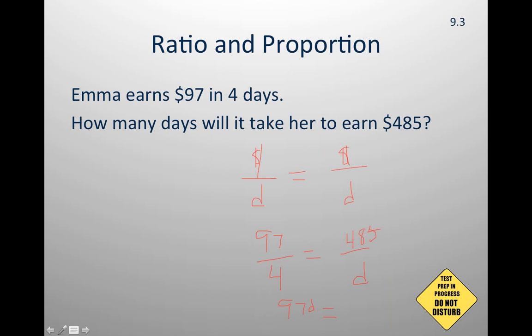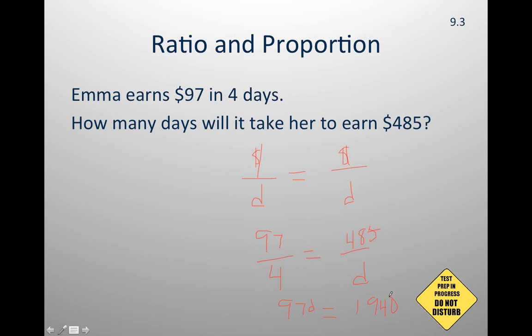So we have 4 times 485. That gives us 1,940. I'm going to check that again because I'm using my phone. And sometimes the phone, I learned, does not always work out the way I want it to.